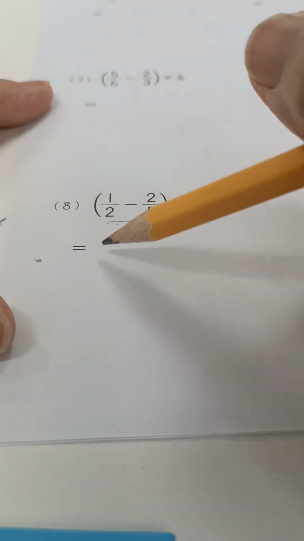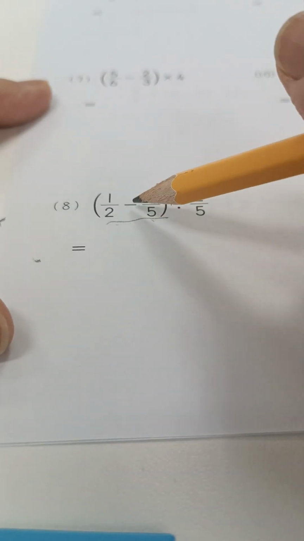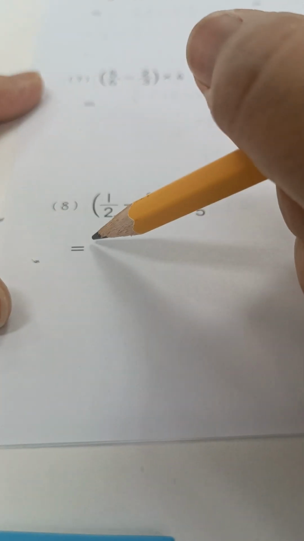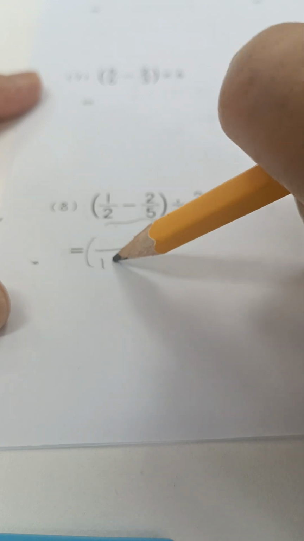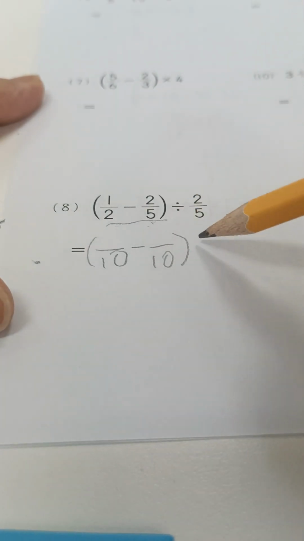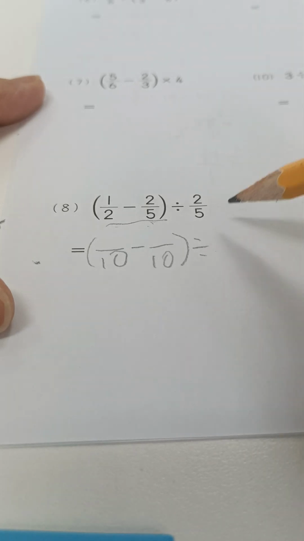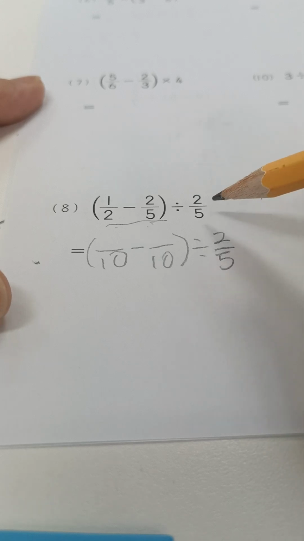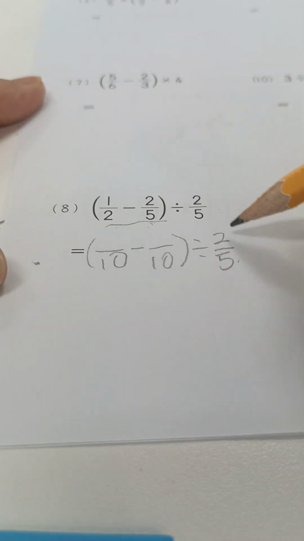So we know that 1/2 minus 2/5, we can change the denominator to the LCM of a 10. Okay, we still bring the whole equation down, even though we don't touch the second part of the division here yet. We need to bring down the whole equation.